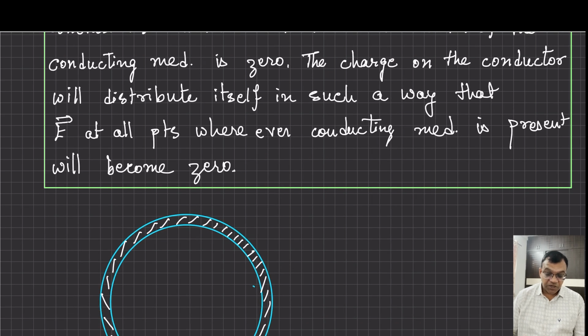In electrostatic equilibrium condition, the electric field at all these points where the conducting medium is present is going to be 0. The charge on the conductor will distribute itself. In the example I have taken the neutral conductor, even if it will have some charge, that charge will distribute on the conductor in such a way that electric field intensity inside the conductor will become 0 wherever the conducting medium is present.